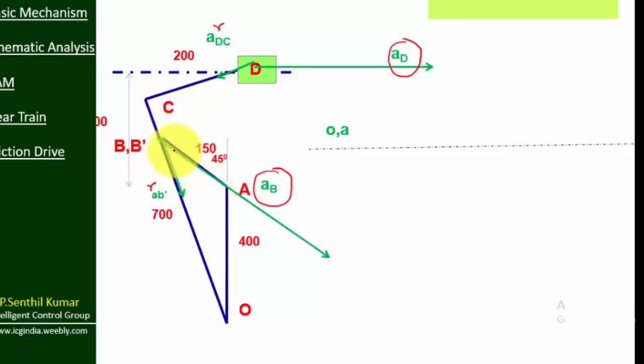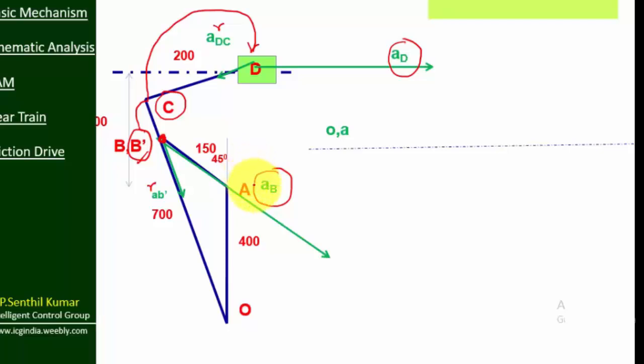We can easily find AB because the velocity is known, but we don't know the value of B dash. So with the help of AB and O, we find B dash. With the help of B dash, we find C. With the help of C, we find D. This is the logic you have to remember.